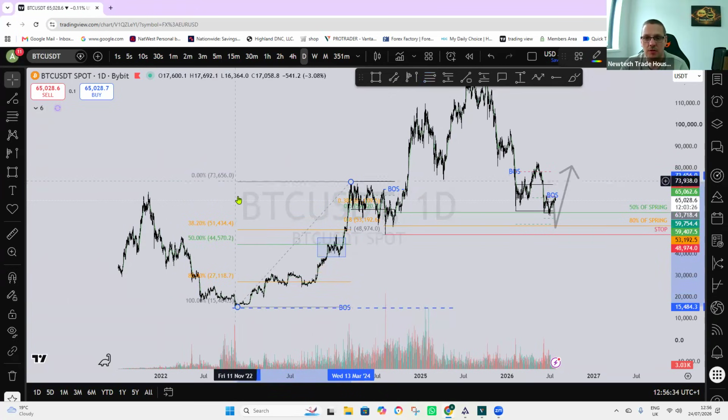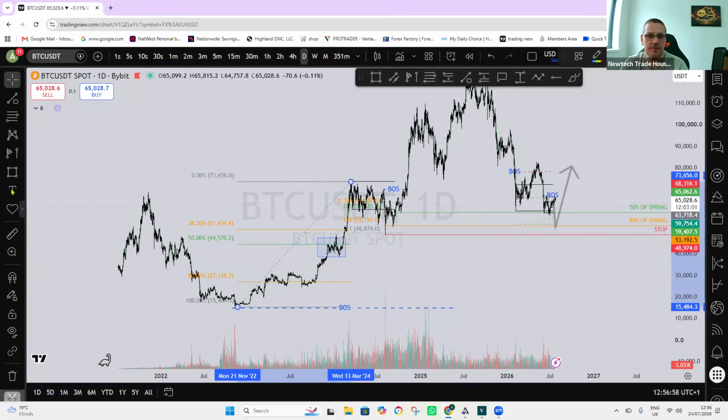And what we're going to do is follow our rules. Our rules were it must be beyond 38.2 and then make a new high. As we can see, while this has made this structure, we have broke beyond our 38.2, qualifying it as a pullback. And as it pushed up, it made a new high beyond this high.